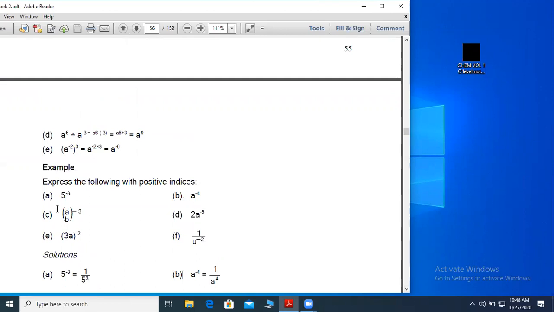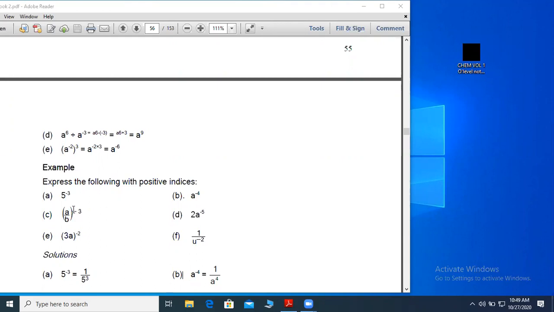Then if you have A out of B and it is to power negative 3, listen carefully. You will change the power to make it a positive, and then you'll have 1 divided by the whole thing.